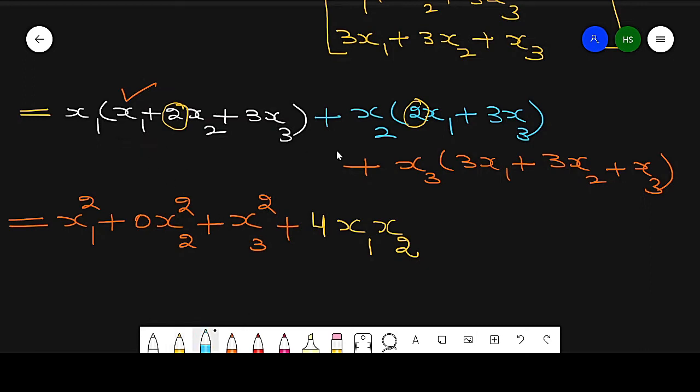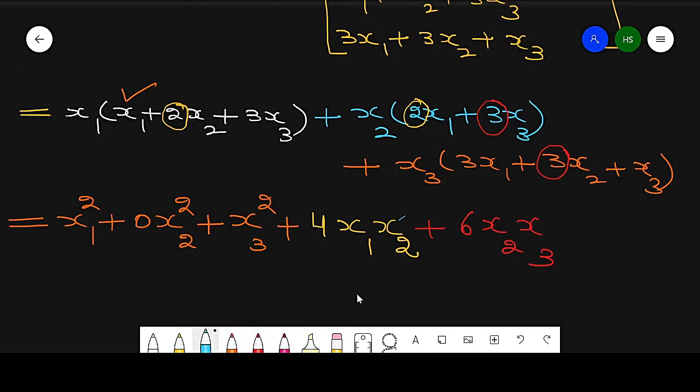Next is x2x3: from this 3 and from this 3, so this is 6 x2 x3.